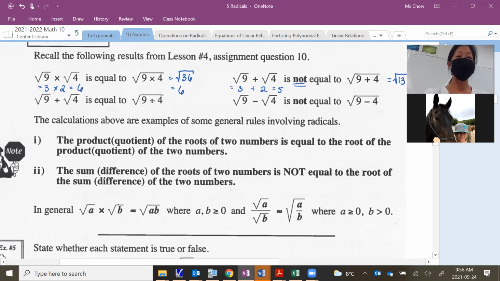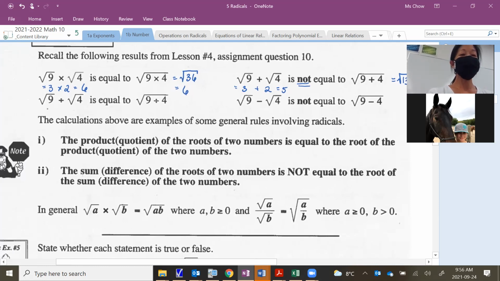What about division? Square root of 9 is, of course, 3, divided by 2 is 1.5. Agreed? Whereas if I divide 9 by 4, that is 2.25, and if I take the square root of that, yeah, 1.5.